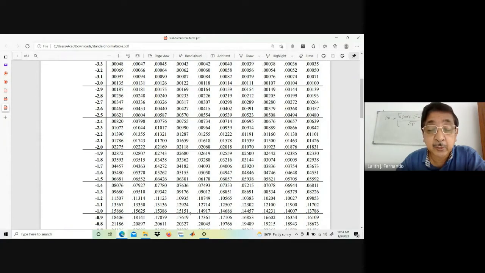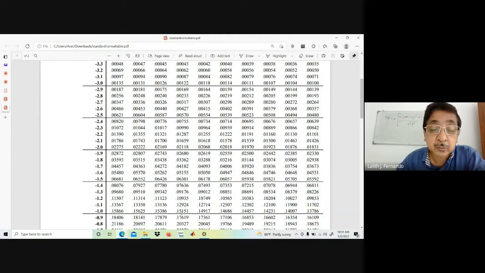Then we can see what is the amount we need to add, because the difference between 0.15151 and 0.14917 is 0.00234, right?